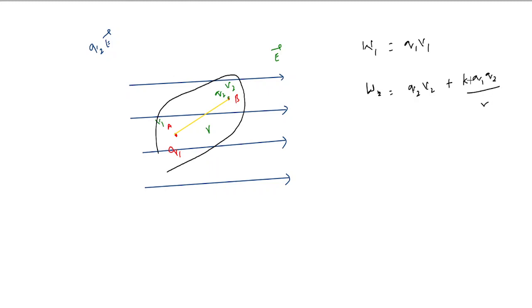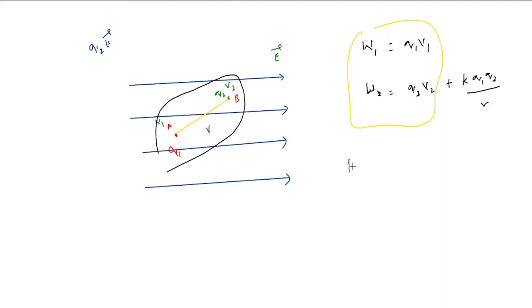The only difference from the previous discussion, when the field was 0, is that these terms were not there at all, because if there is no field, then there is no potential. But here, because of the presence of the field, we'll have these two terms also. Therefore, the total work done to assemble the system is the sum of these.